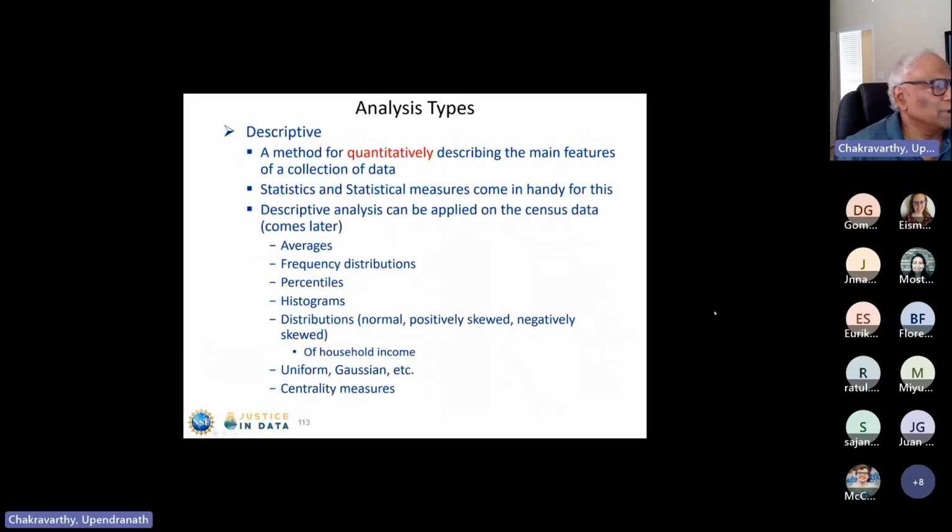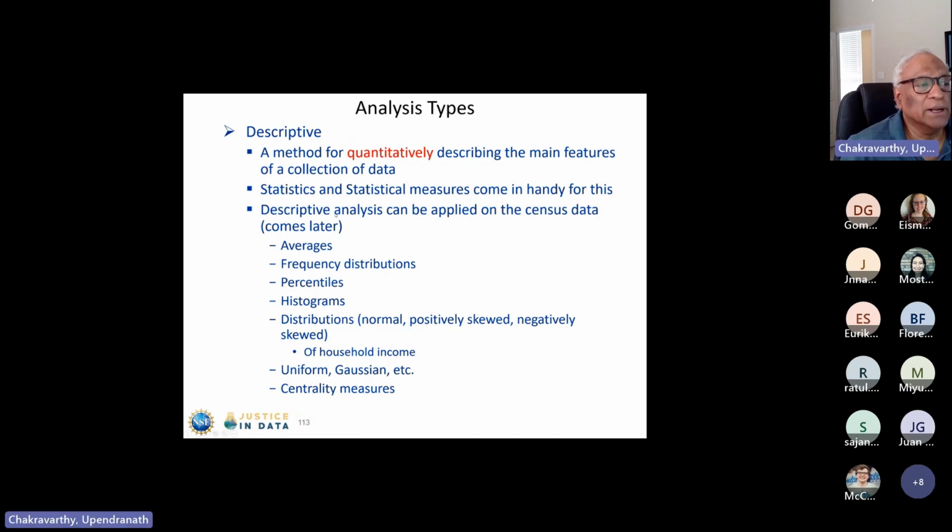Okay, so now in the rest of the time, what I want to do is to focus a little bit more on the details of the analysis, which we mentioned earlier. Descriptive analysis is a method for quantitatively describing the main features of data. We typically use statistics and statistical measures for doing this.